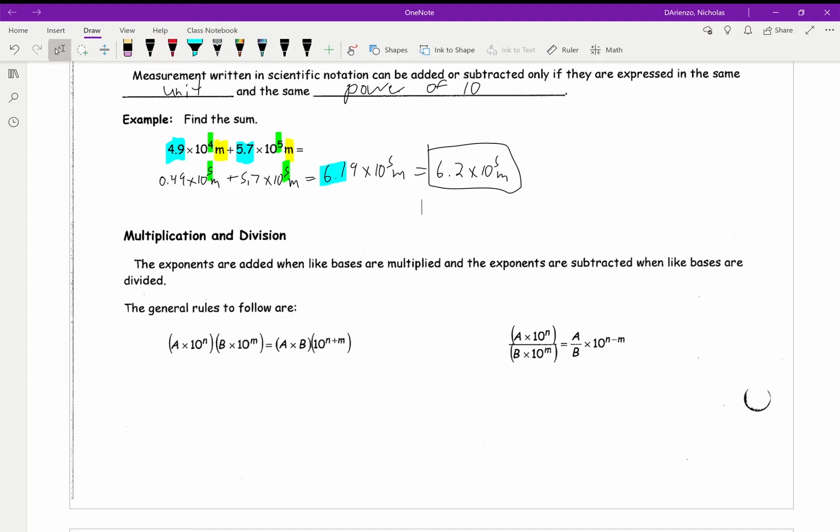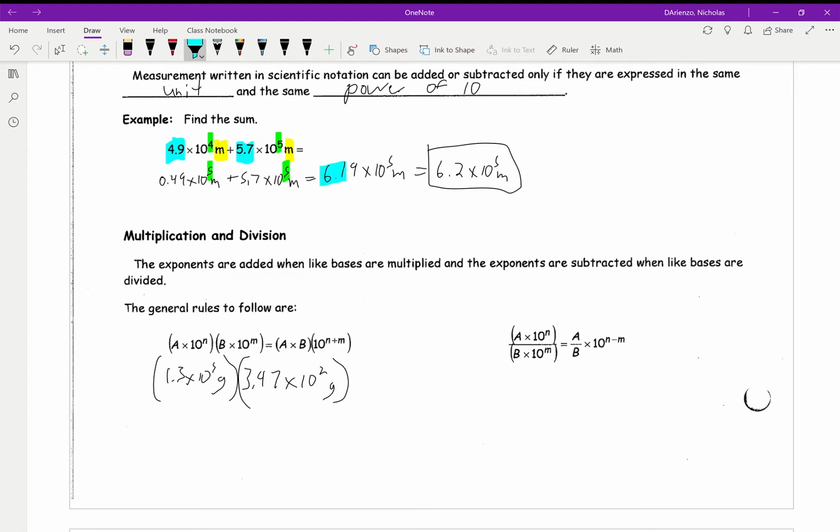So let's say we had the number 1.3 times 10 to the 5th grams, and we wanted to multiply that by 3.47 times 10 squared grams. Units don't have to be the same, but the units are going to multiply together as well, just like the numbers are. So we multiply these together.